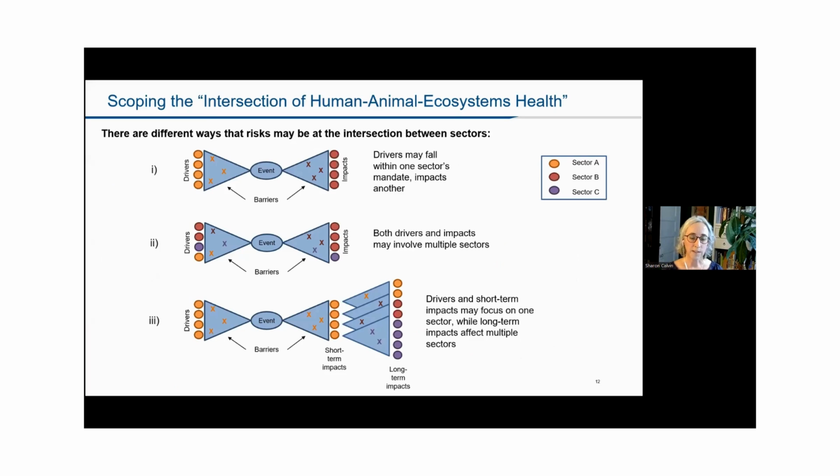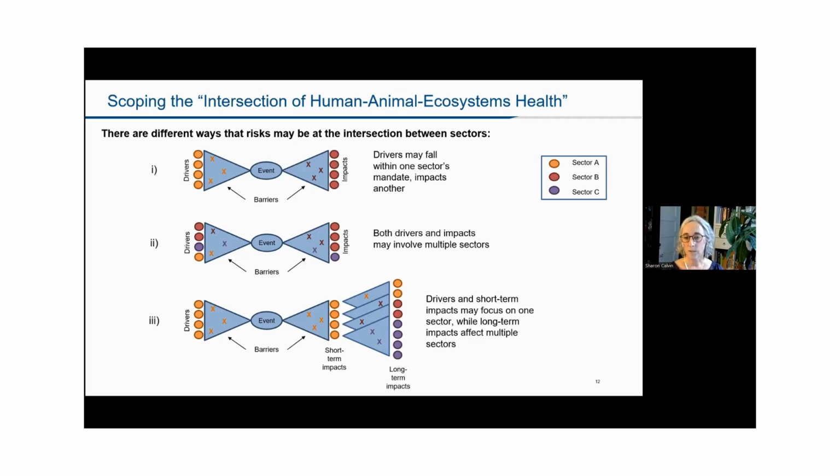The bow tie in the center there is a much more obvious situation, an obviously intersectoral situation, where you have drivers and impacts involving multiple sectors and multiple sectors' mandates. And the X's on the diagram represent barriers such as mitigating measures or control measures along the pathways, and maybe these involve multiple sectors as well.